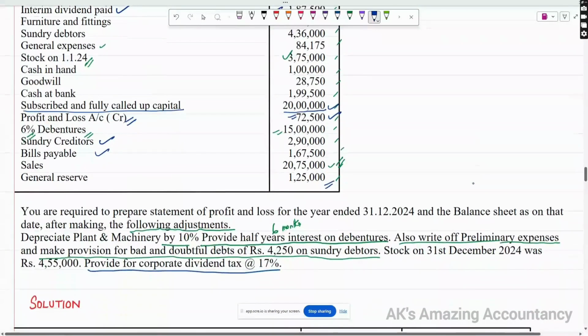Have a look at the problem here. You are given to provide half-yearly, 6 months' interest on debentures. So we calculated 6 months' interest on debentures of 15 lakhs. It is 6% debentures, isn't it? 15 lakhs is the amount. So 15 lakhs into 6 by 100 into 6 by 12.